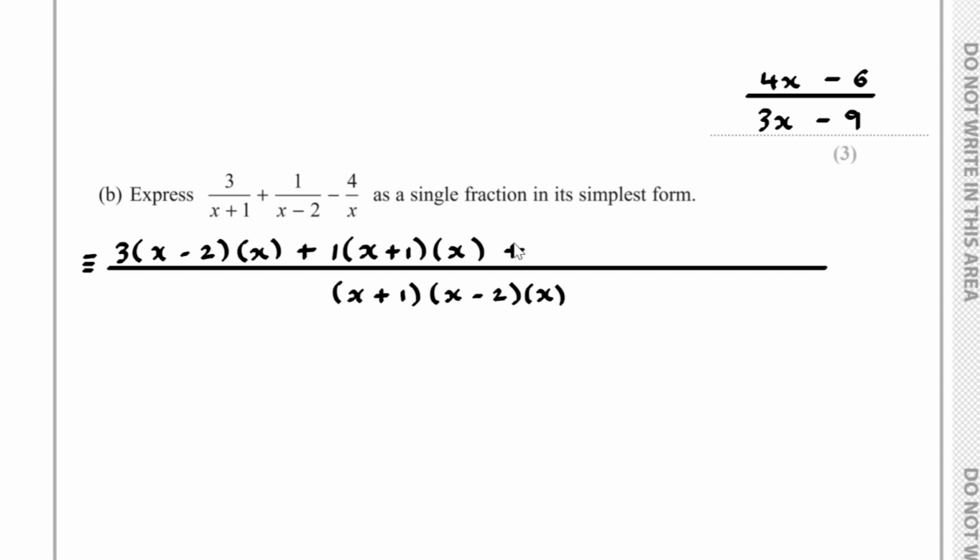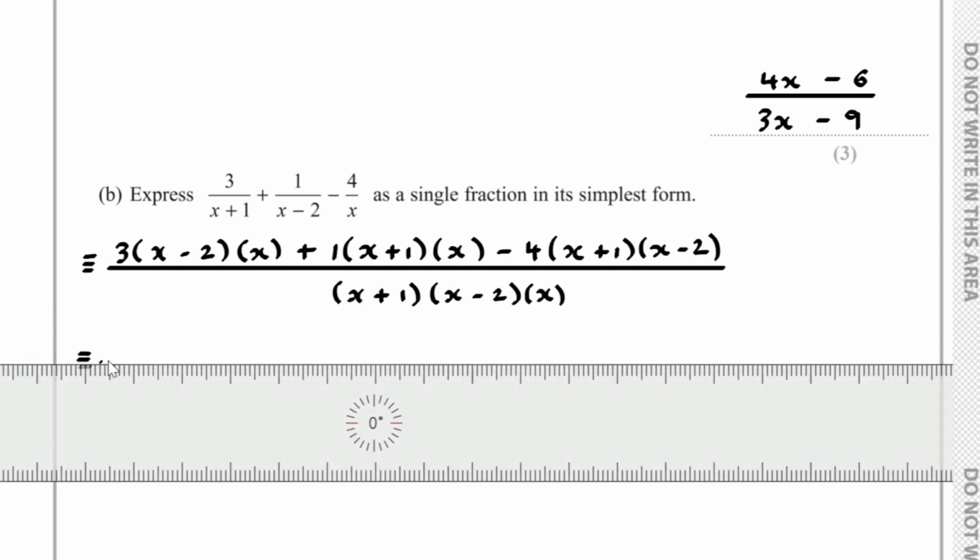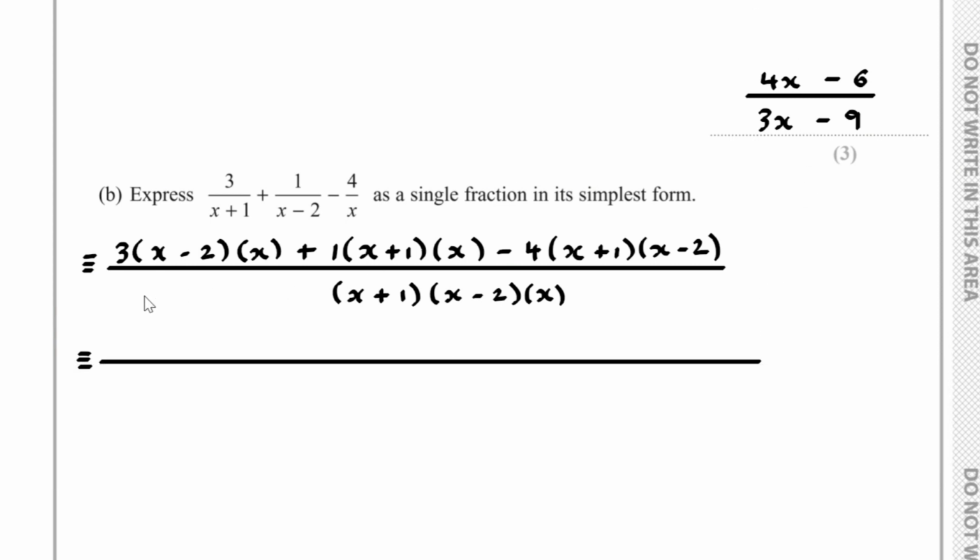And then I've got the minus 4 over x. To maintain equivalence, I need to multiply by x plus 1, x minus 2. So if we simplify all this, I've got 3x times x minus 2, so that is 3x squared minus 6x.